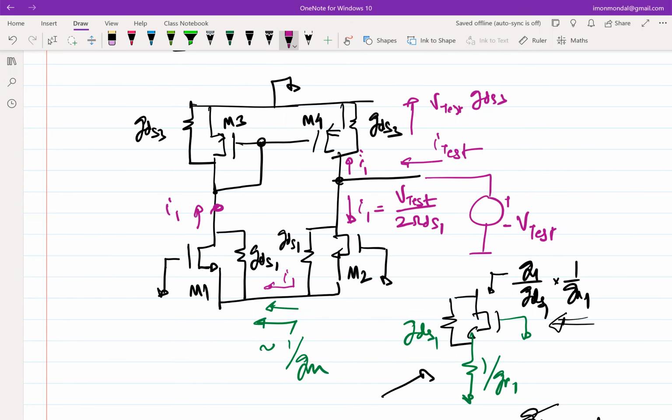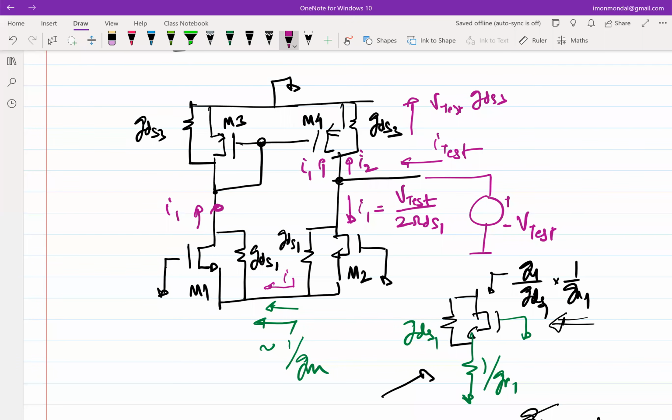Or did I mess up the notations? Let me call this I2 then. Now it is flowing into M3, and M3 and M4 is a current mirror, which means it has to flow through M4 also, through the GM of M4. This will also be equal to I1.